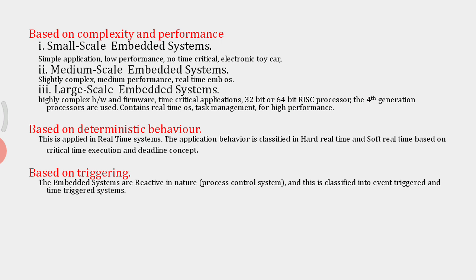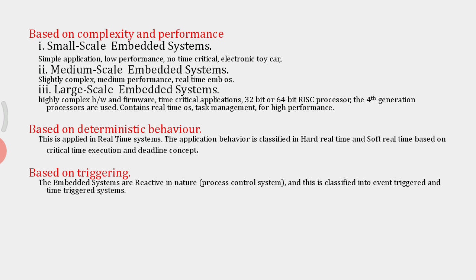Next, the criterion is based upon deterministic behavior. The classification based on deterministic system behavior is applicable for real-time systems. The application or task execution behavior of an embedded system can be either deterministic or non-deterministic.